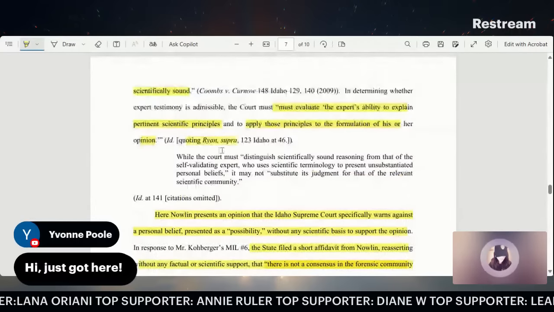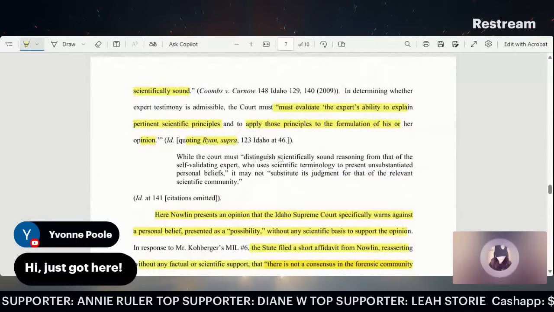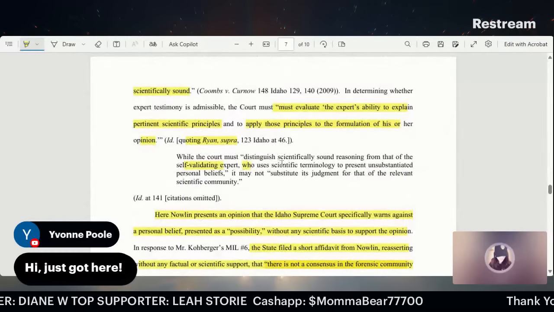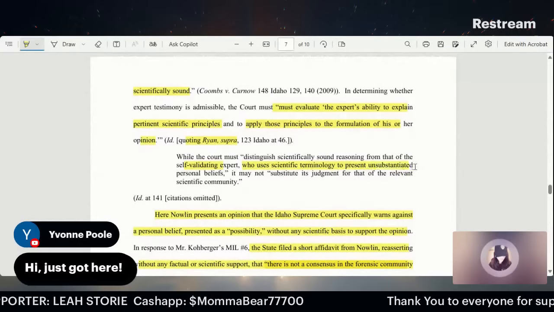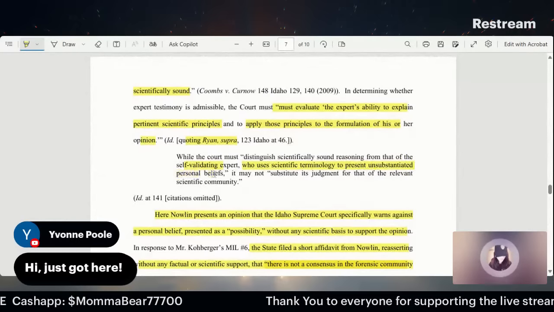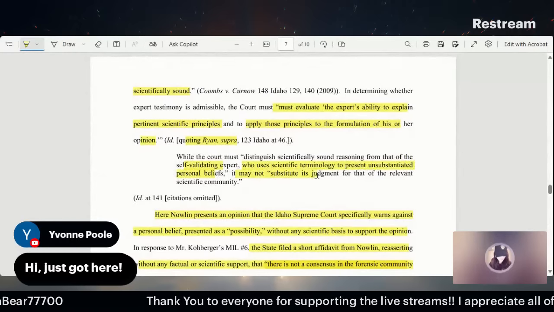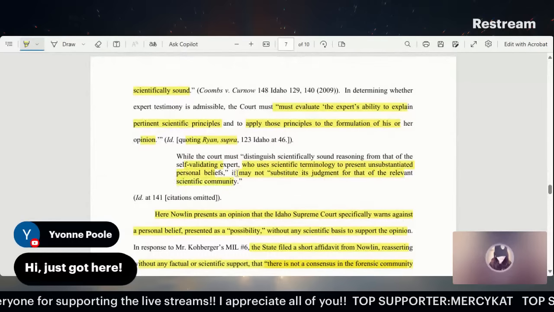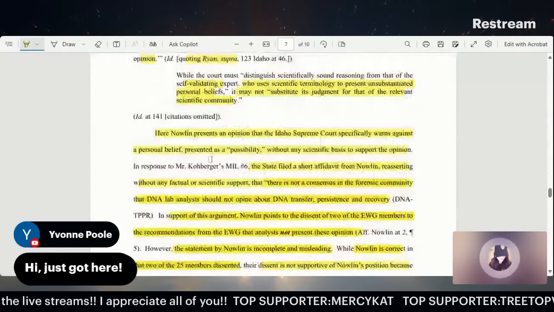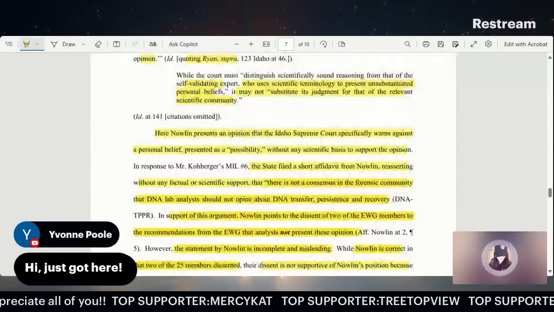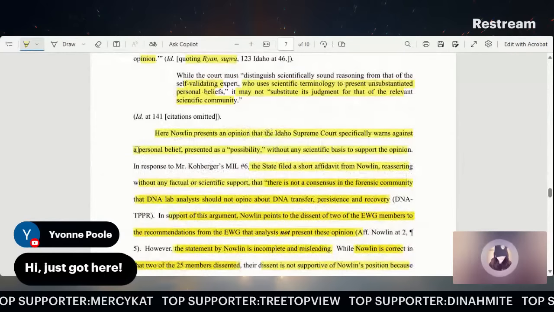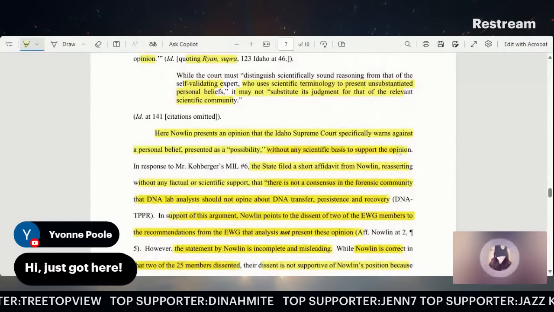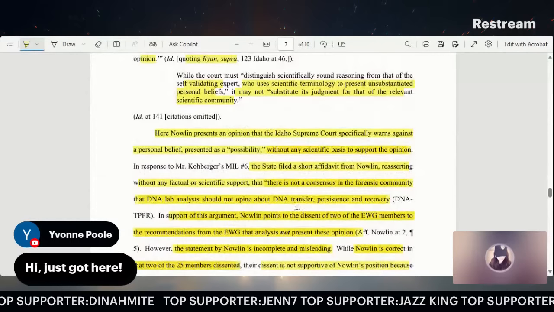And then quoting Ryan, supra, while the court must distinguish scientifically sound reasoning from that of the self-validating expert who uses scientific terminology to present unsubstantiated personal beliefs, it may not substitute its judgment for that of the relevant scientific community. Here, Nowlin presents an opinion that the Idaho Supreme Court specifically warns against: a personal belief presented as a possibility without any scientific basis to support that opinion.